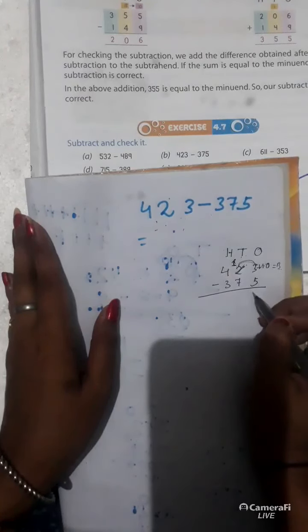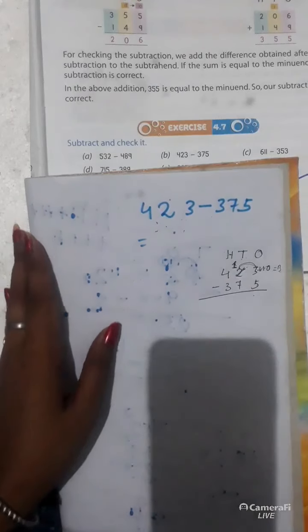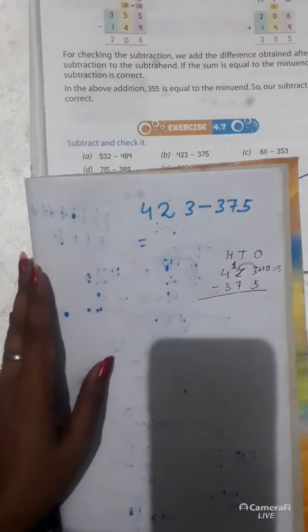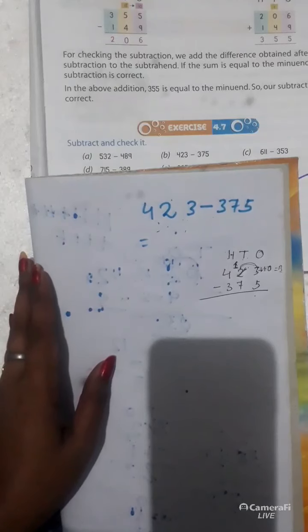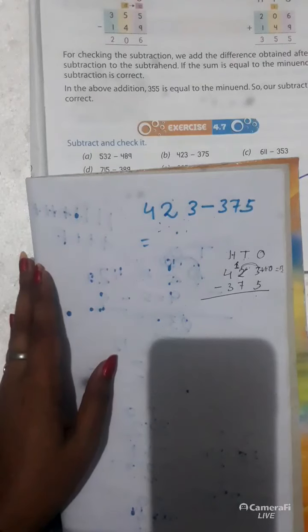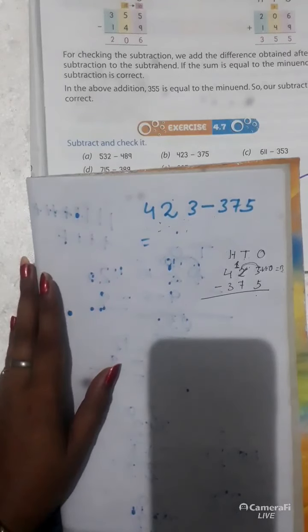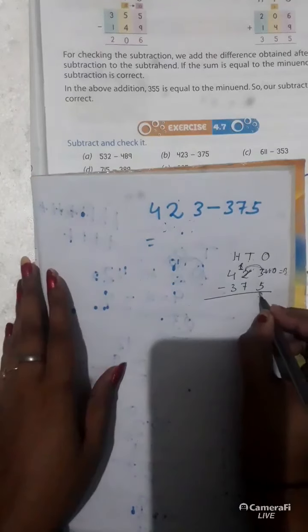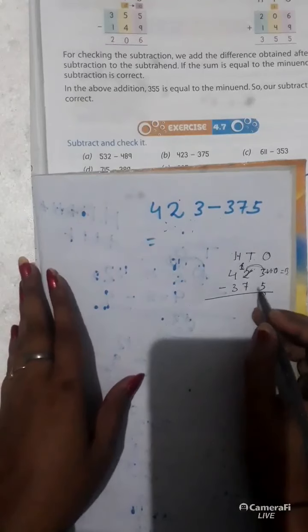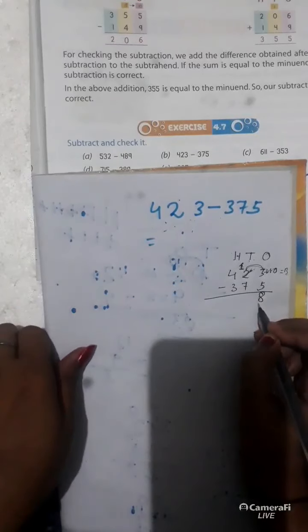So 13 ones minus 5. Tell me children, what will be the answer? 13 minus 5. Anybody from here? Okay, yes, very good, it's 8. 13 minus 5 is 8.